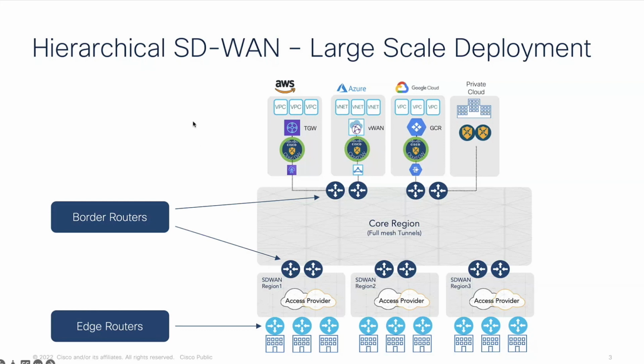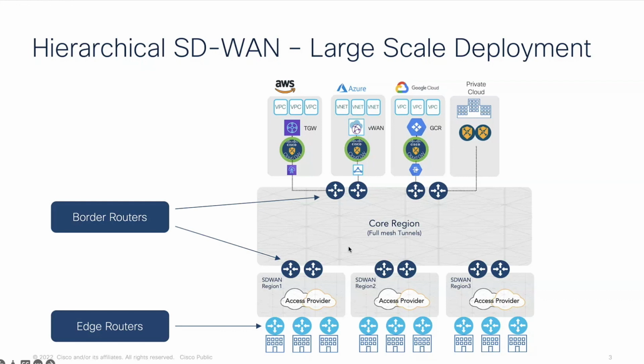Now what we have with this is a new hierarchical SD-WAN, and we introduce a new concept which is the region. So you just define a region ID on your device. And then two, we define a new role, which is this gateway or border routers. And that gateway or border routers is actually giving you access to the core region.